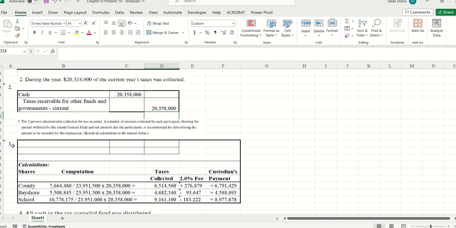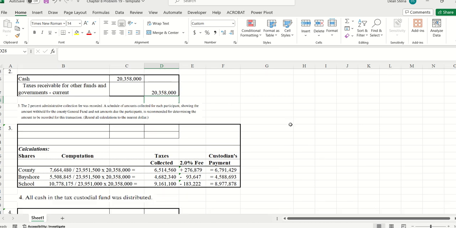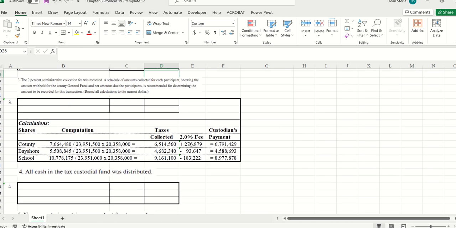Now here, it gets a bit more complicated, okay, because we have to calculate the 2% administrative fee. Okay, so what I'm going to do is, I should have deleted those out, but it's okay.